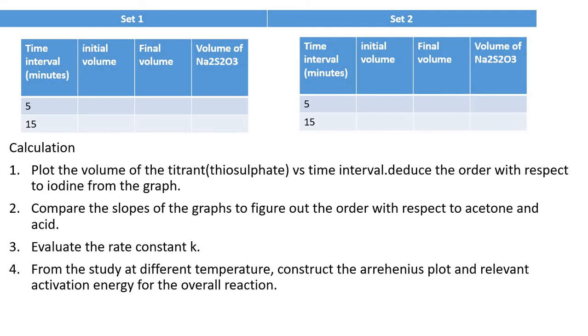Deduce the order with respect to iodine from the graph and compare the slopes of the graphs to figure out the order with respect to acetone and acid. From the calculation, evaluate the rate constant K, and from the study at different temperatures, construct the Arrhenius plot and find the activation energy for the overall reaction.